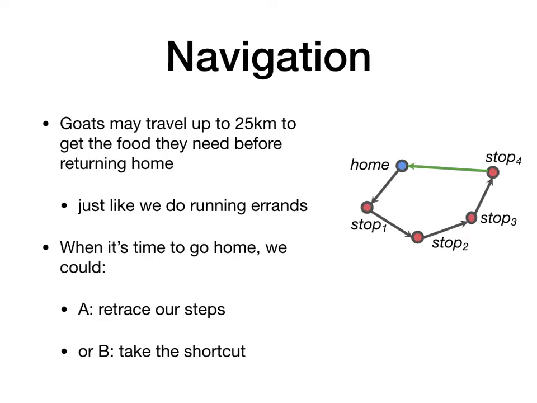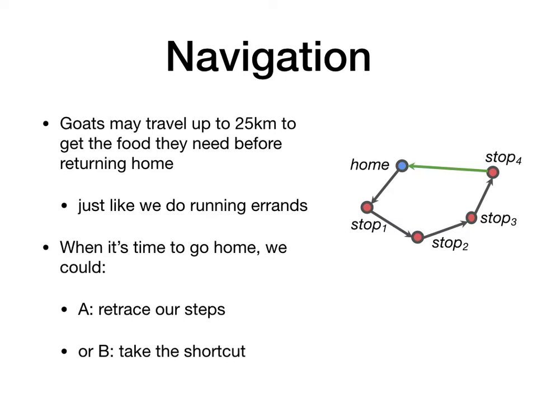So think about navigation. Goats have to travel a lot to get all the food they need for the day. They graze, they eat all kinds of strange plants, but they have to do a lot of movement during the day, just like we do at the end of our day, or we once did when we commuted. That you have to plan.